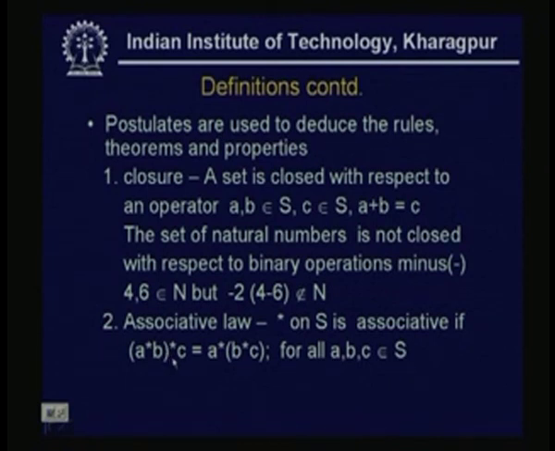The result we get, if it is equal to the result when the operator operates on B and C first, and then the operator is again operated on the other element A and the result of B star C, if these two results are equal, then we are calling that this rule is associative.